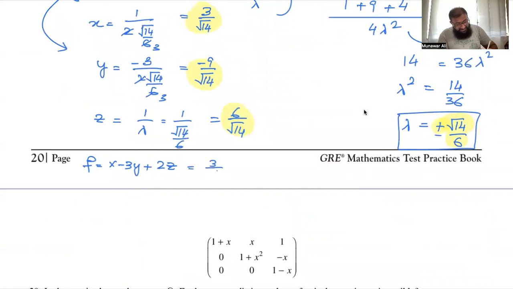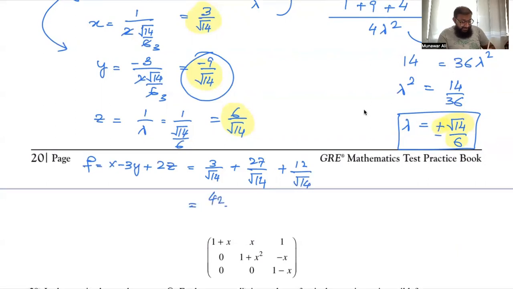So 3 over square root of 14, and -3 times this value is plus 27 over square root of 14, plus 12 over square root of 14. When we simplify this, this will give me 42 over square root of 14.